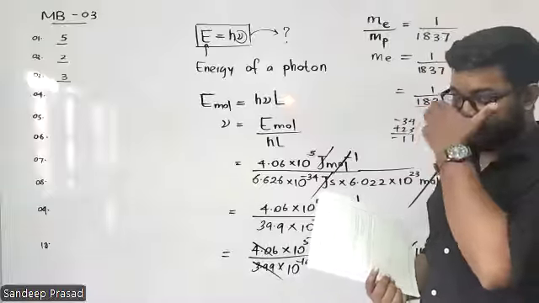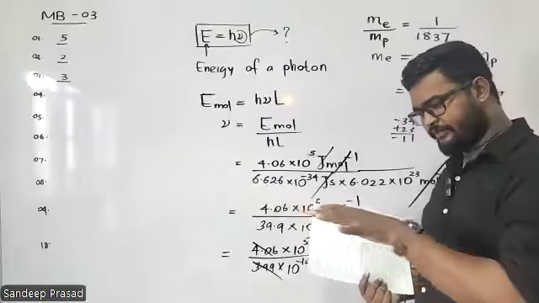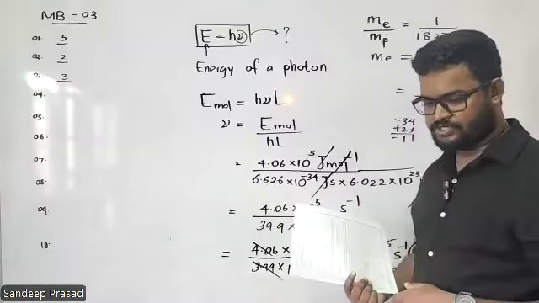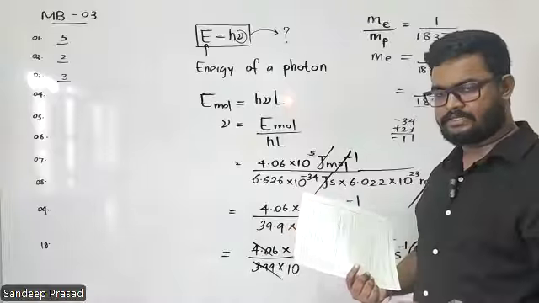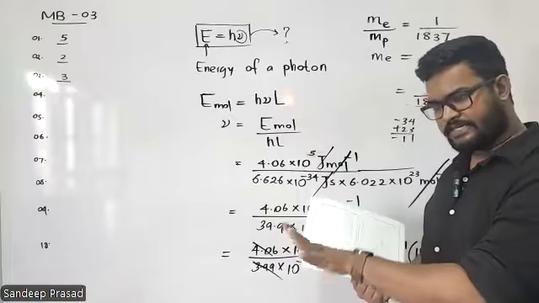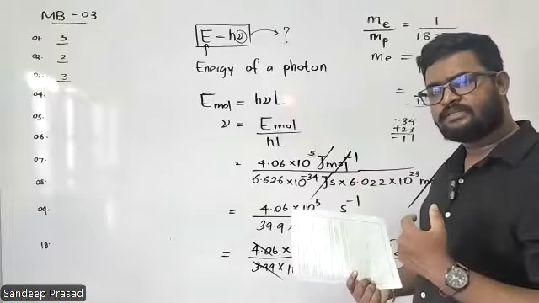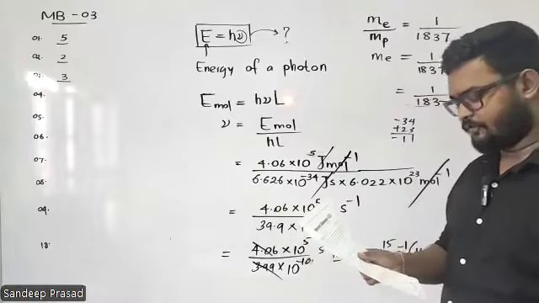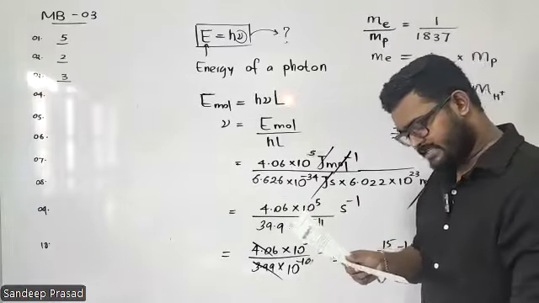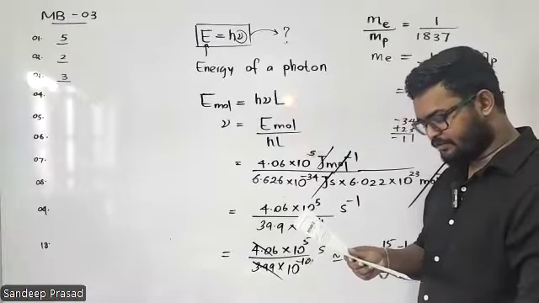Can you remember the three major observations? Majority of the particles went through the gold foil without any deflection. Some of the alpha particles were deflected by small angles, and some were deflected by large angles. Some of the alpha particles bounced back. Can you understand? So therefore, majority of alpha rays move without being deflected.